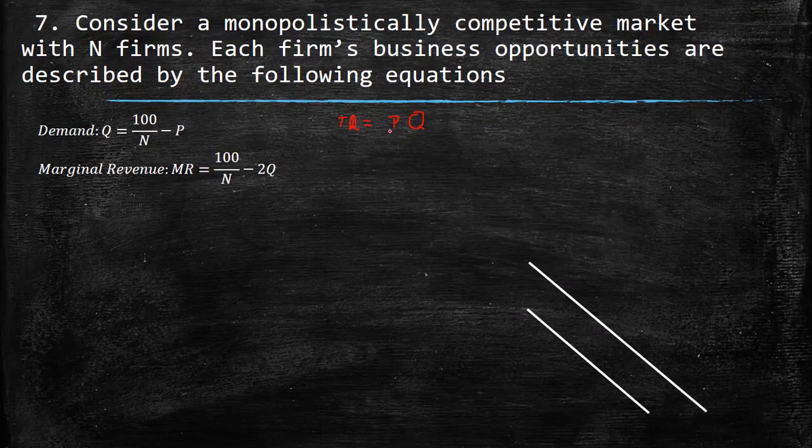But because it should be in terms of Q, we need to change this price. So the price is equal to 100 over n minus Q, right? So we have here already P, the inverse demand in terms of Q.